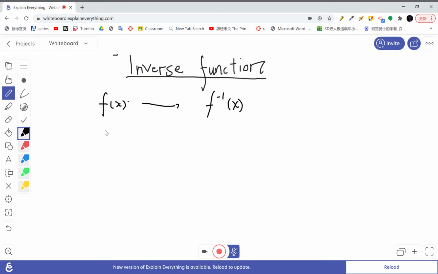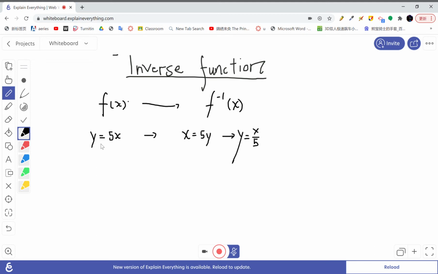So, if we have a function, let's say y equals 5x, for the inverse we just write x equals 5y, which means y equals x over 5.